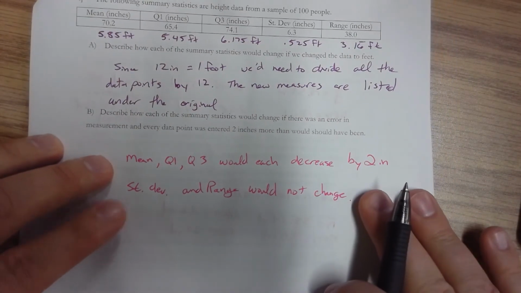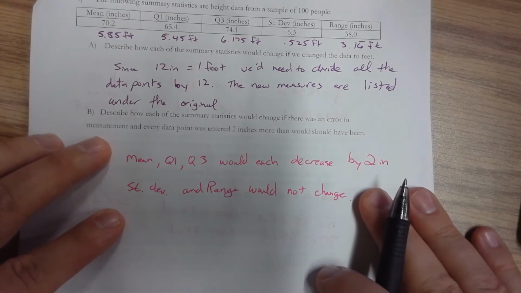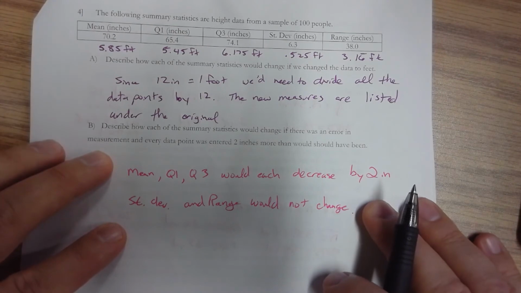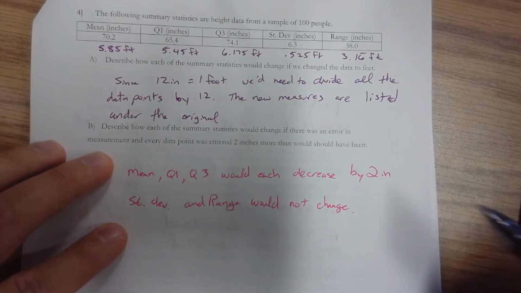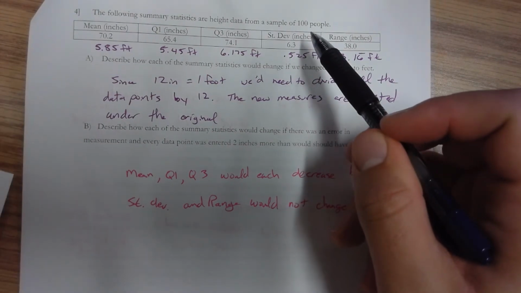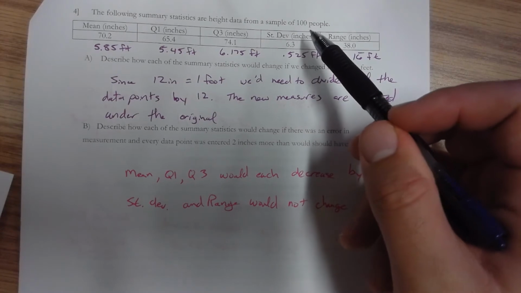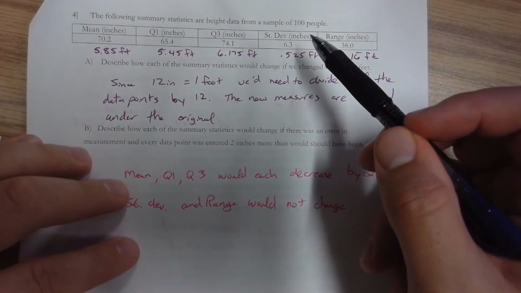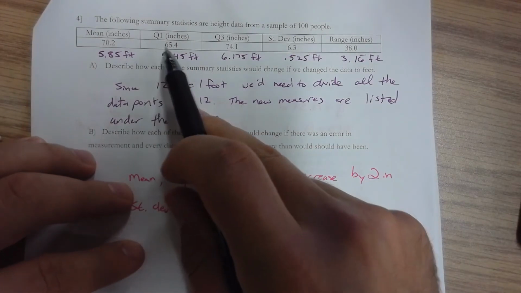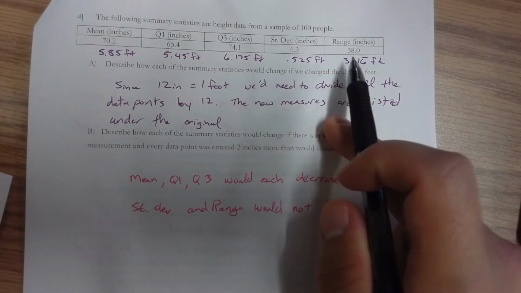With part B, describe how each of the summary statistics would change if there was an error and every data point was entered 2 inches more than what it should have been. In this case, that's a little bit different of a scenario. If I had these 100 people and they were all entered incorrectly, 2 inches more than they were supposed to be, if I took away those 2 inches, the mean, the Q1, and the Q3 would all decrease by 2, but these two numbers wouldn't change.